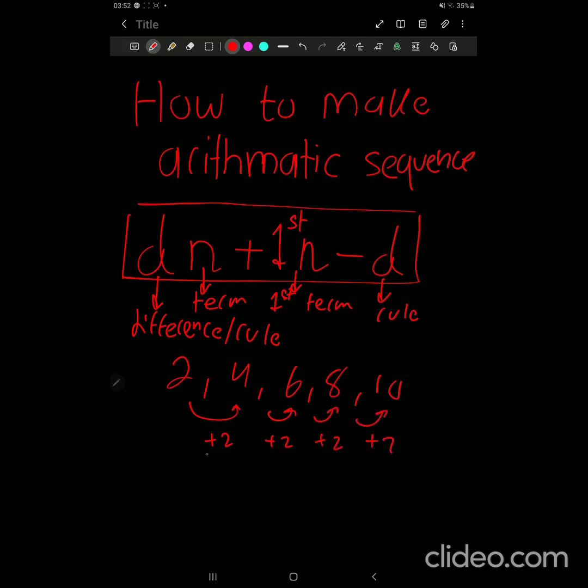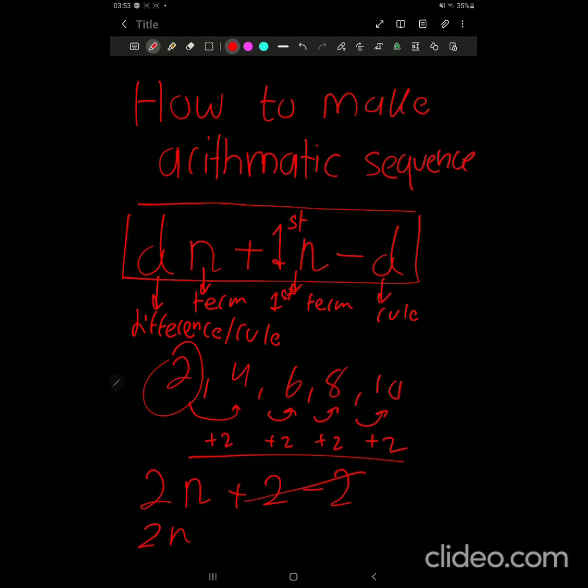So they follow a general rule of plus 2. That means 2 is the difference. So it will be 2 times n, where n is the term, plus the first term, which is 2, minus d, the difference, which is also 2. So 2 minus 2 will be 0, right? So it will be 2n.